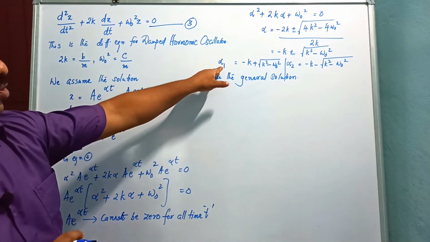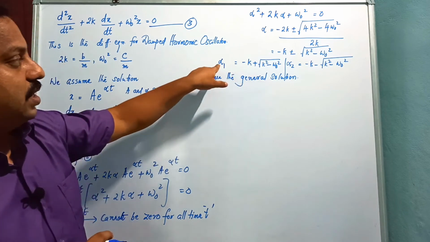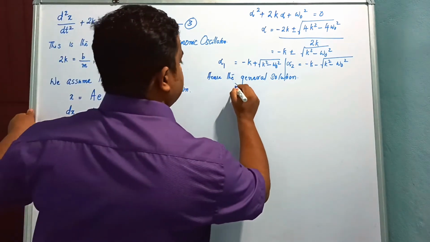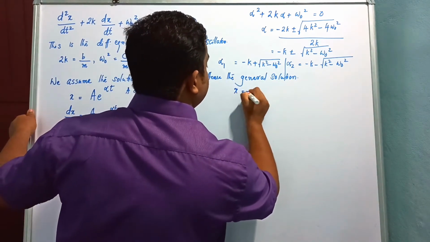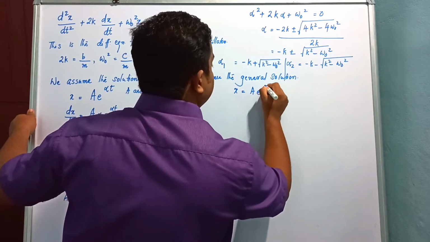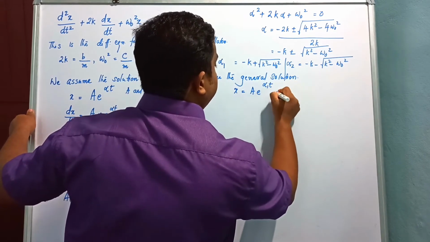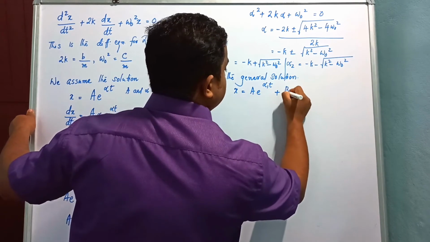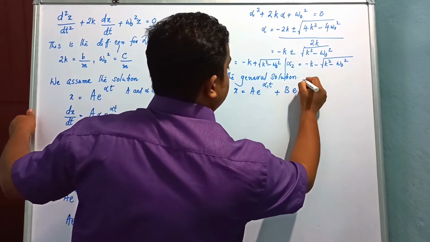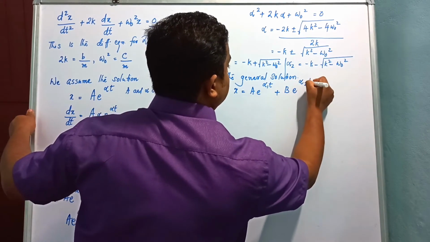Here two values are there for alpha, so we can write x is equal to a e raised to alpha 1 t plus another constant b e raised to alpha 2 t.